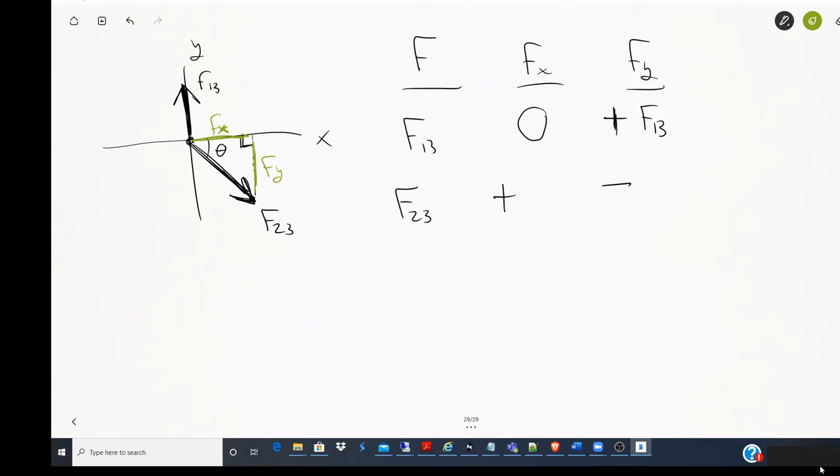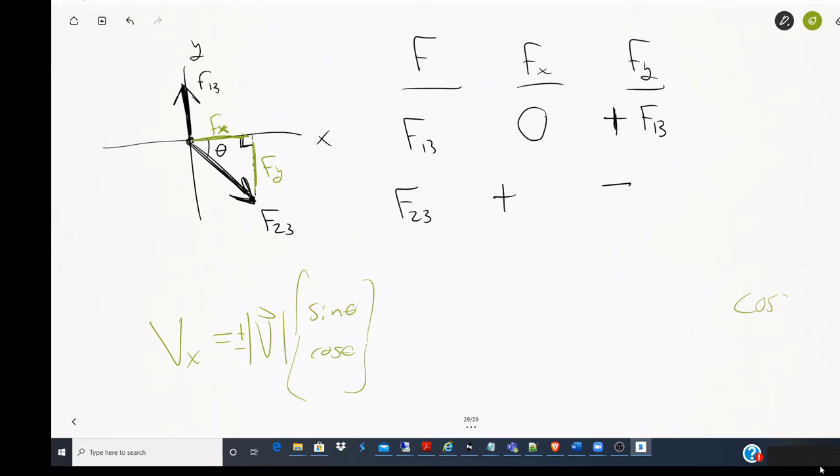The x component is going to be the magnitude of the vector, plus or minus, times either the sine of the angle or the cosine of the angle. And whether we use sine or cosine depends on whether that component is opposite to or adjacent to the angle.